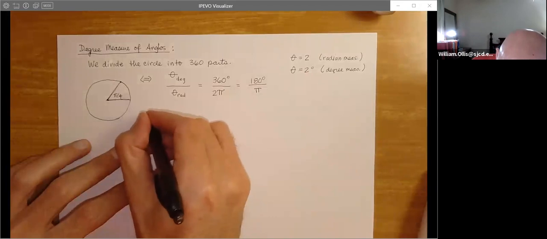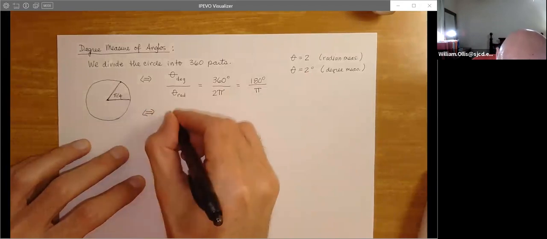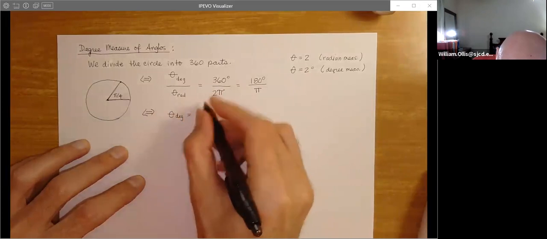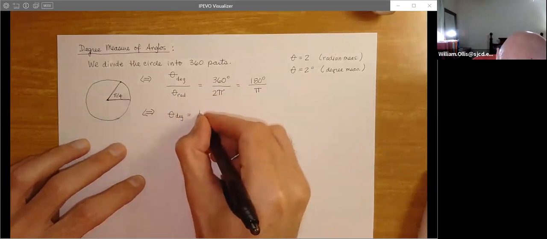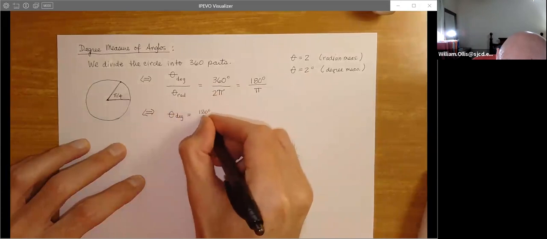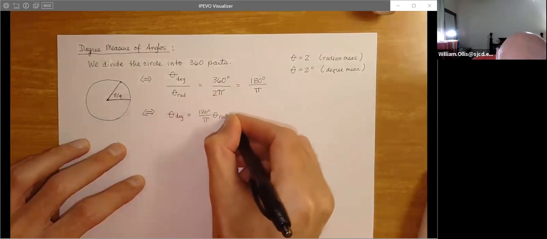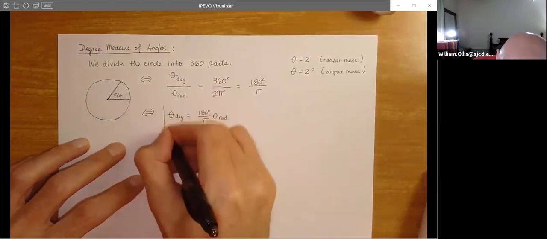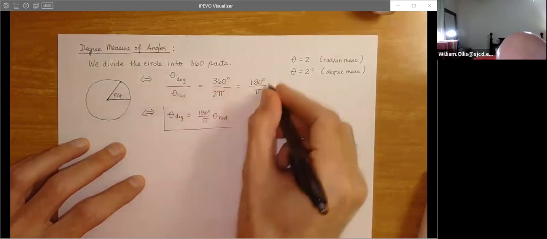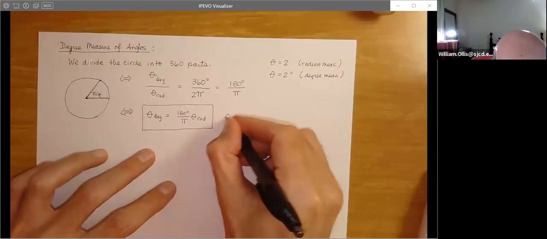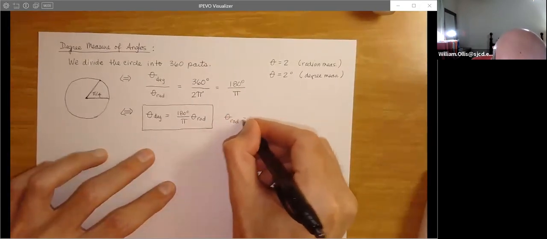Okay, well, now we've got conversions. So theta in degrees is 180 degrees over pi times theta in radians. If you've got this, you've got all of it, but let's just do the separate equations. And then, of course, theta in radians.